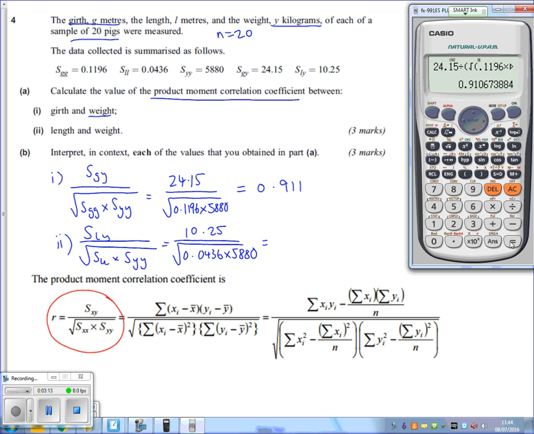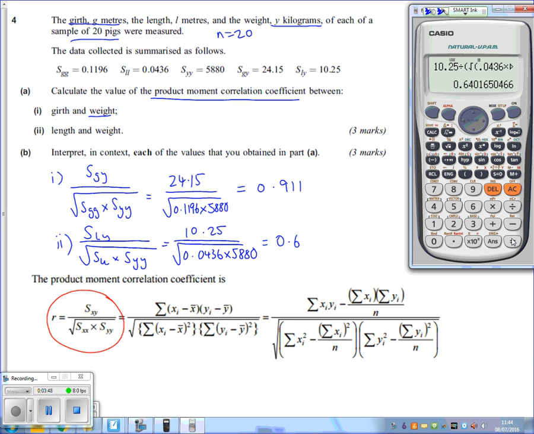Calculate that one: 0.0436 multiplied by 5880. While I'm doing this, when I get my answers, I'm going to check that they make sense. When looking at correlation, I should be getting a solution somewhere between -1 and 1. So I'm checking that my answers lie between -1 and 1, which they do. So both of these are showing a positive correlation.